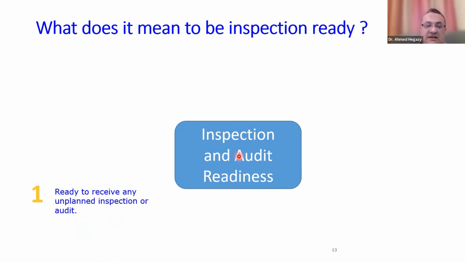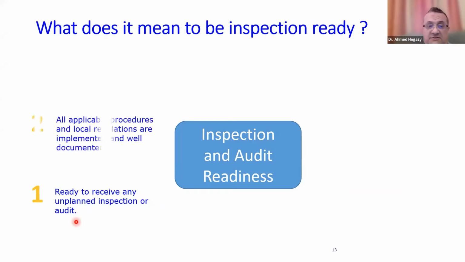This means that I am ready to receive an unplanned inspection. If a guy is coming and knocking on the door, and the receptionist gives me a call, saying there's a guy outside from the Ministry of Health or FDA or whatever, coming for inspection, you will not panic, and you will say, welcome. If you reach this level, you are ready for inspection.